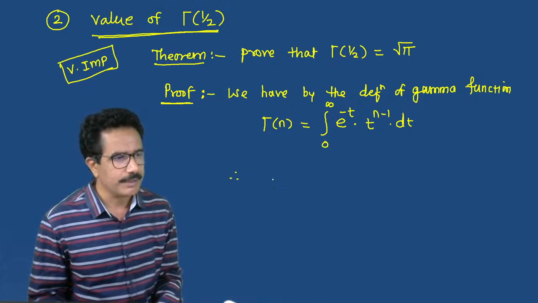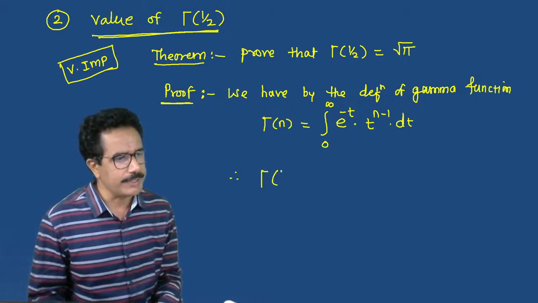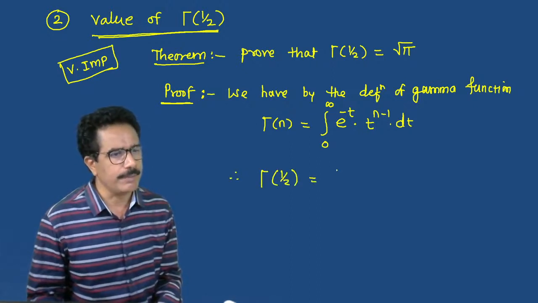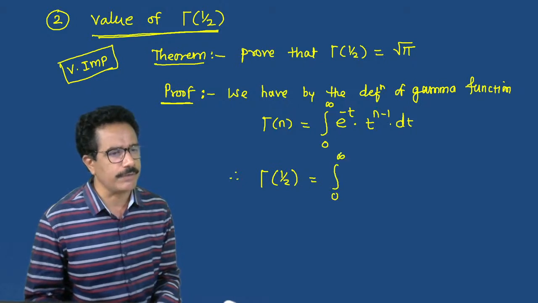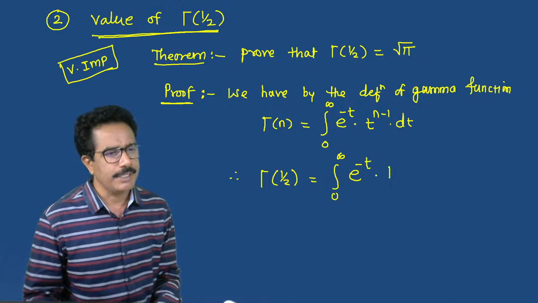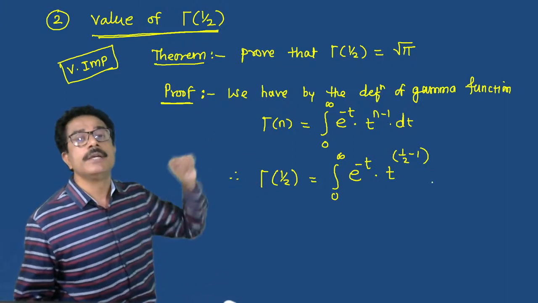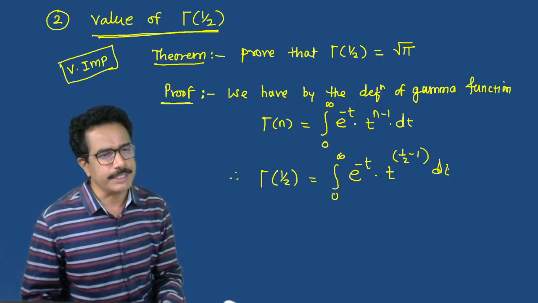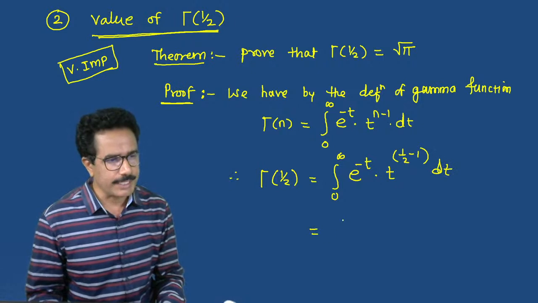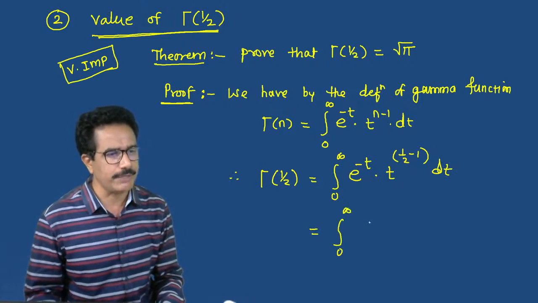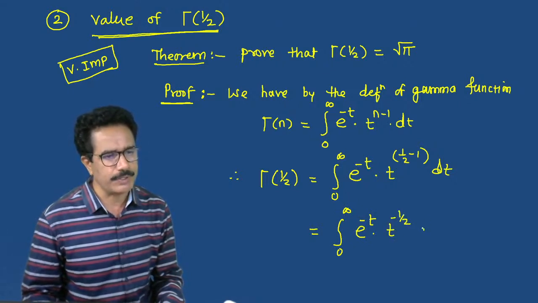So gamma 1 by 2 will be the integral from 0 to infinity of e raised to minus t into t raised to 1 by 2 minus 1. That means in place of n, we put 1 by 2, dt. So we can write the integral from 0 to infinity of e raised to minus t into t raised to minus 1 by 2 dt.